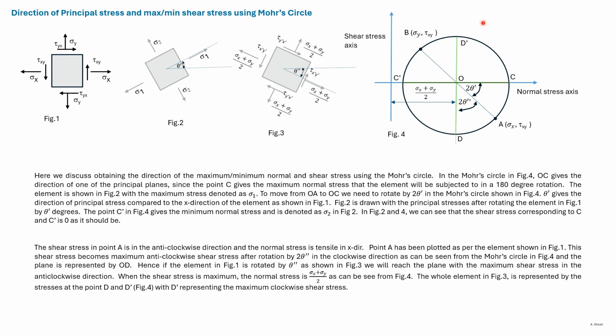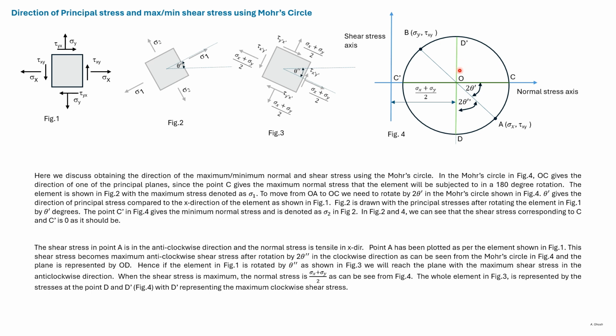So using the Mohr circle, we can find both the direction and the magnitude of the maximum and minimum principal stress. Let us now look at maximum and minimum shear stress. From the Mohr circle, we can see that the point D has the minimum shear stress.